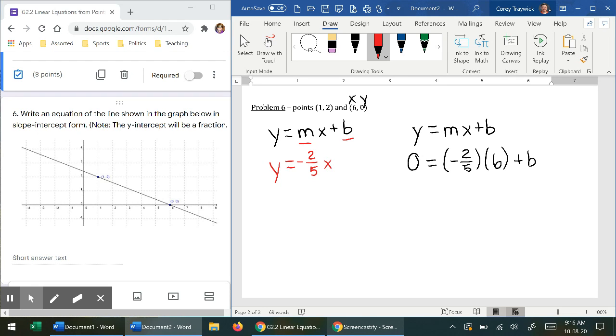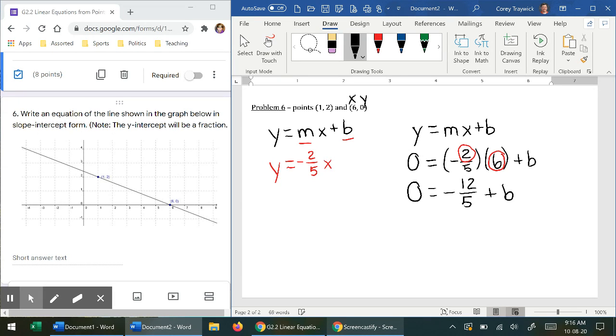So we're just going to simply multiply our whole number 6 times our numerator, the top number 2. What that will give us is negative 12 over 5. In some cases, you may want to simplify this. It ends up being 2 2/5, or on a calculator, if you do 12 divided by 5, it'll show up as 2.4. But we can leave this as an improper fraction.